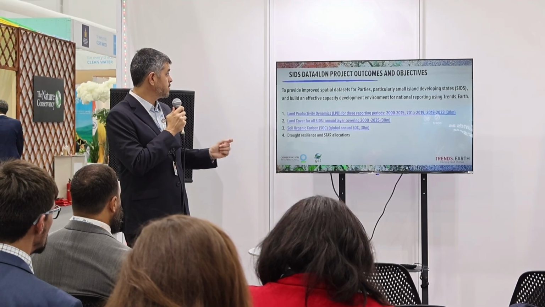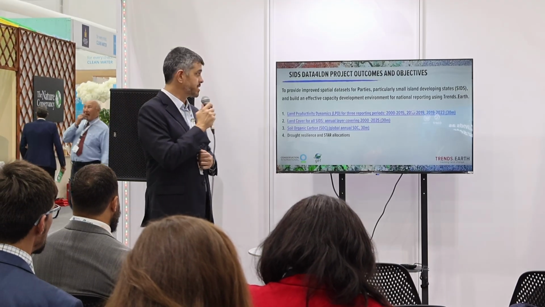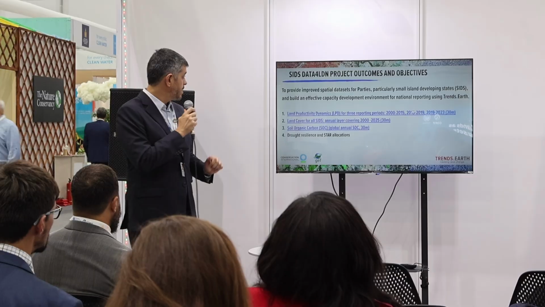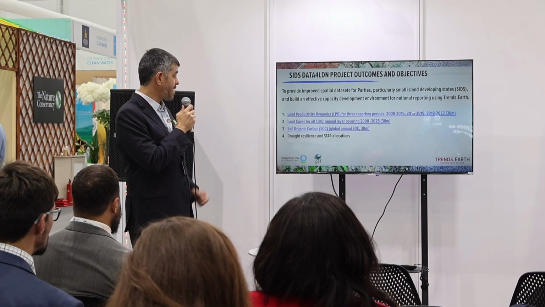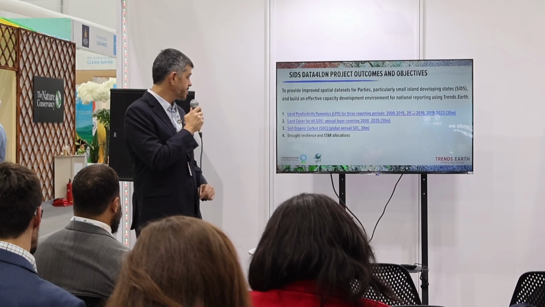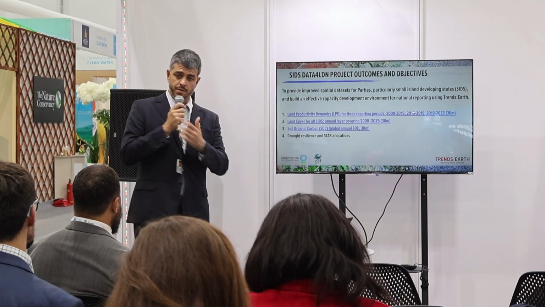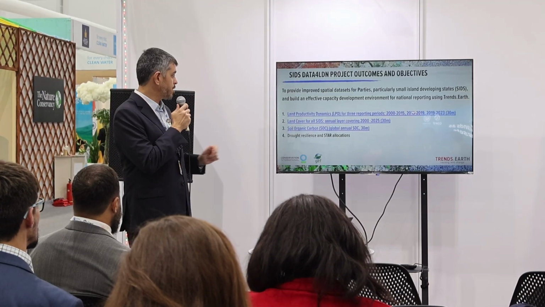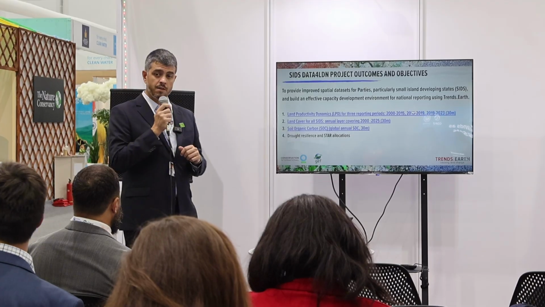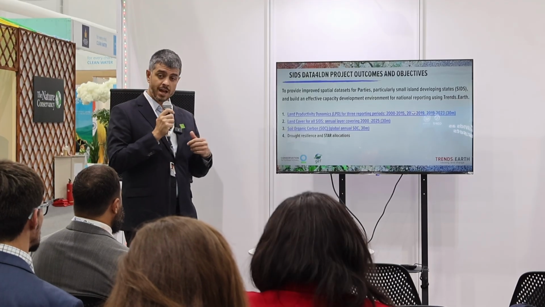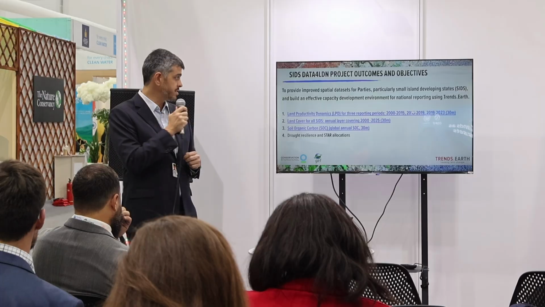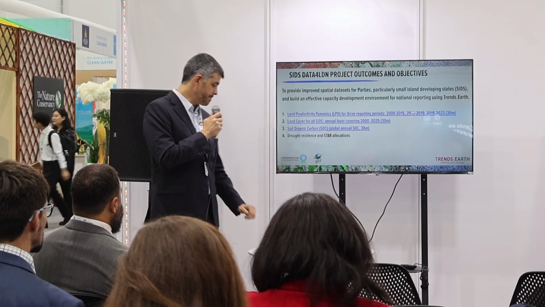So since then, we are developing the SIDS Data4LDN, whose objective is to provide improved geospatial data sets for parties, and especially for small island developing states. So we partnered with Cesar and the Apacheta team to develop the land productivity dynamics for the baseline and for the two reporting periods, so three periods.